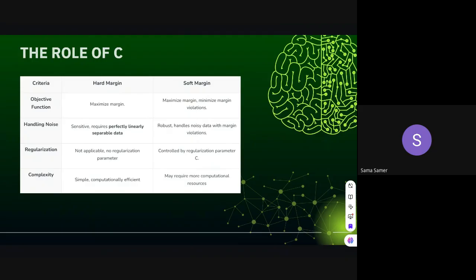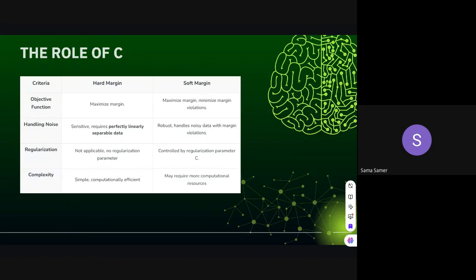What is C inside our SVM? We have something called the hard margin and the soft margin. The hard margin is very strict and does not allow any points to be inside our margin. It maximizes the margin. It is very sensitive and requires perfectly linearly separable data. If the data is not perfectly separated, it will have very high penalties.